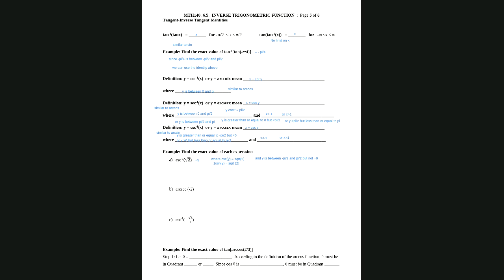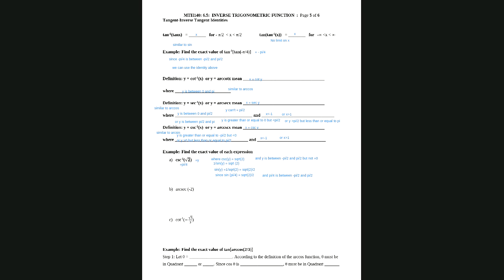And the value of y that works there is pi over 4. Since the sine of pi over 4 is equal to the square root of 2 over 2, and pi over 4 is between negative pi over 2 and pi over 2, that tells me that the answer up here is pi over 4.